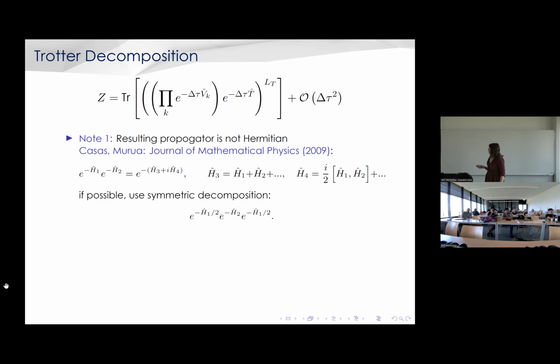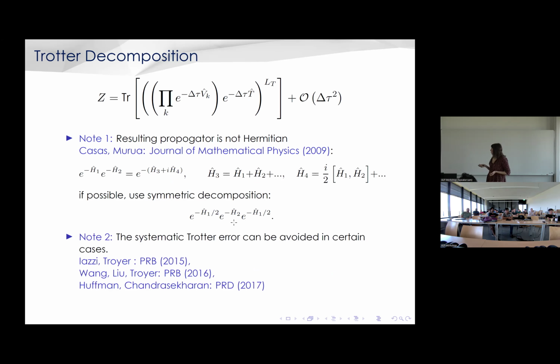Some comments. If we do it in this straightforward way, the resulting propagator is not actually Hermitian. So something that's good to do is to use the symmetric decomposition, and that is a feature in the code for most of the Hamiltonians.